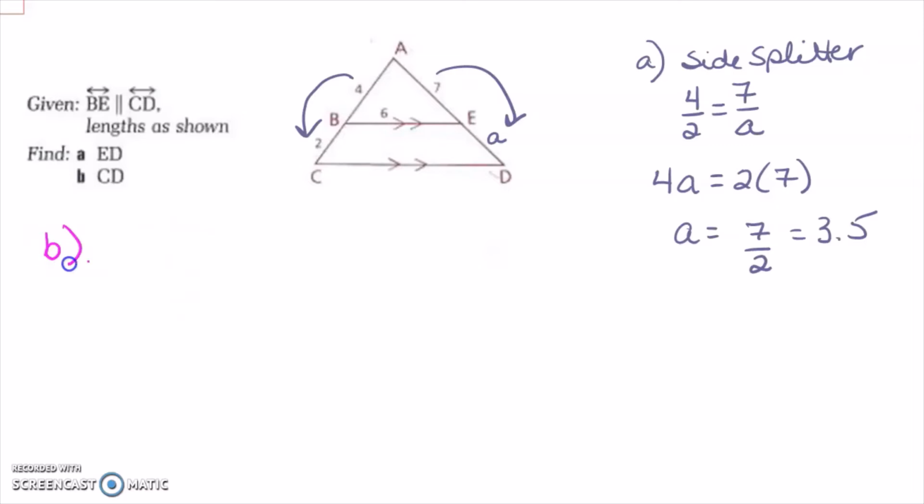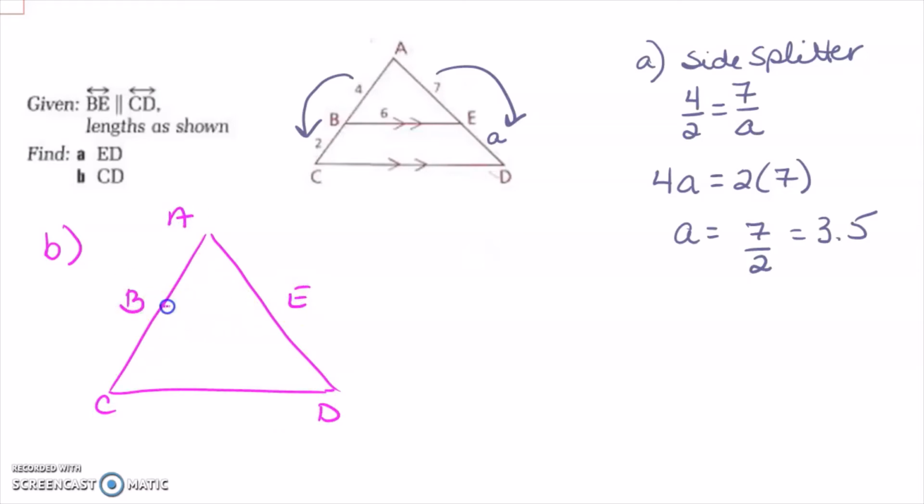So for part B here, I'm going to replicate the diagram quickly. I have BE is parallel to CD. They tell me AB is 4, BC is 2.